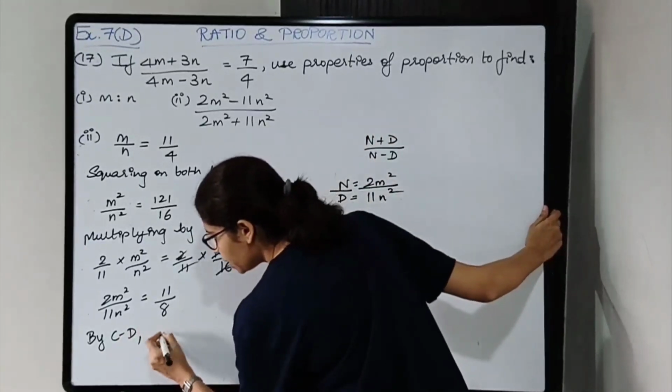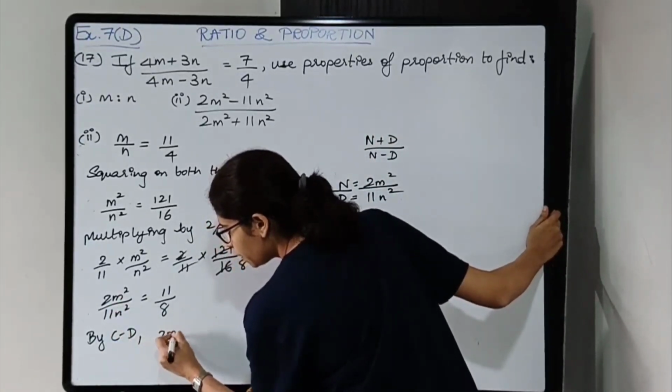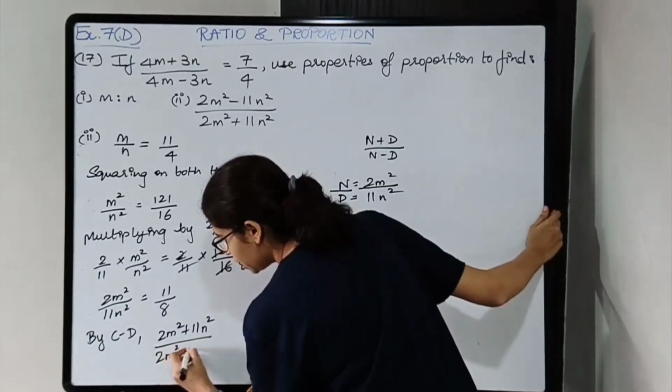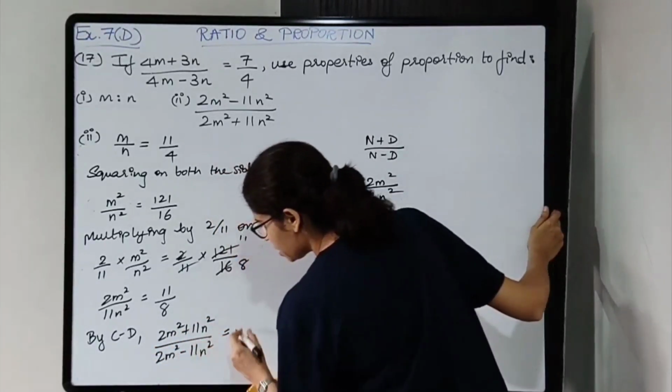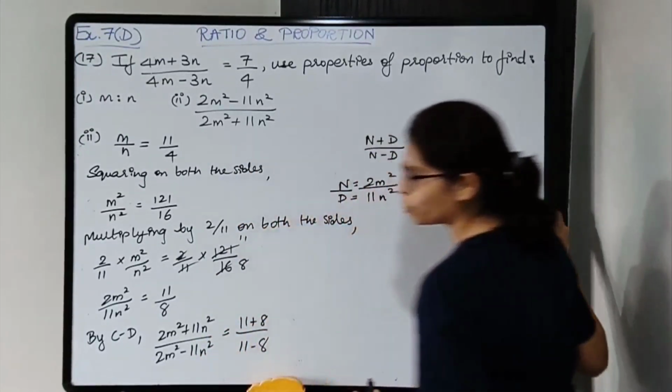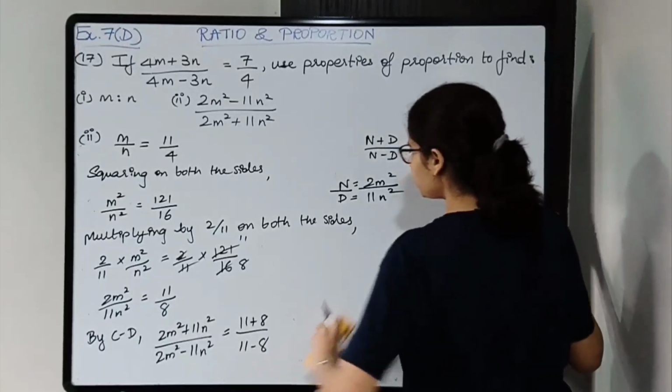By componendo dividendo, numerator plus denominator upon numerator minus denominator is equal to numerator plus denominator upon numerator minus denominator. Okay.